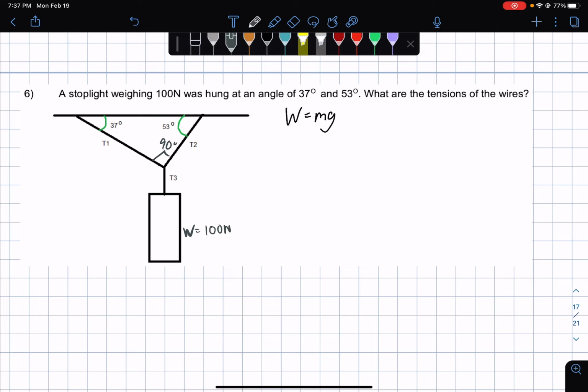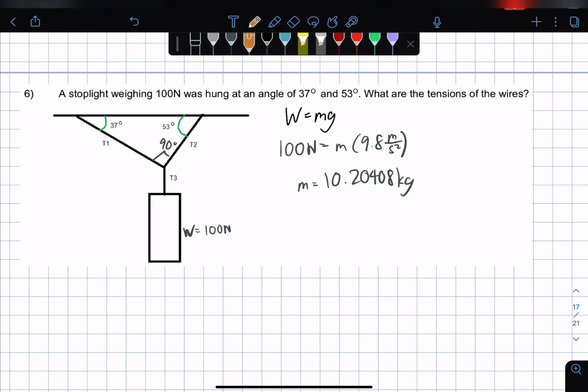W is equal to mg, 100 newtons, mass times 9.8. I'm pretty sure this is not going to be relevant to the actual answer, but might as well solve it. So the mass is 10.20408 kilograms.